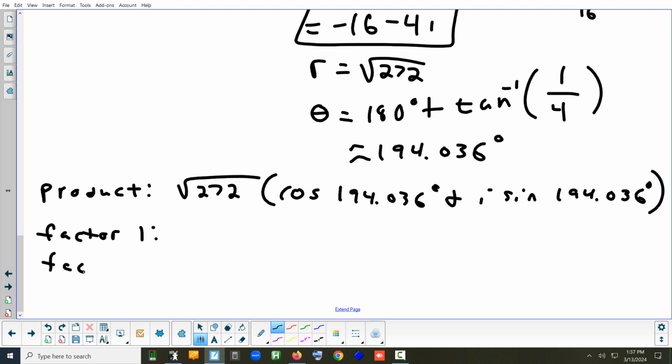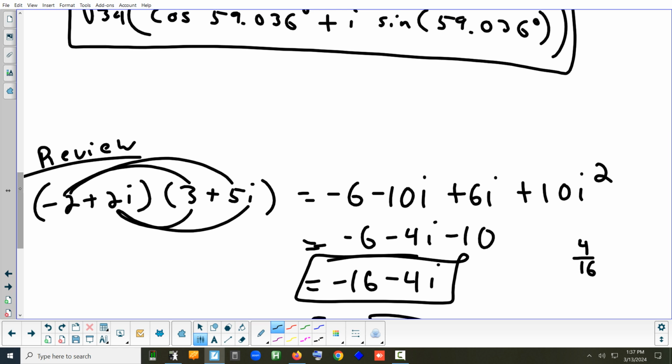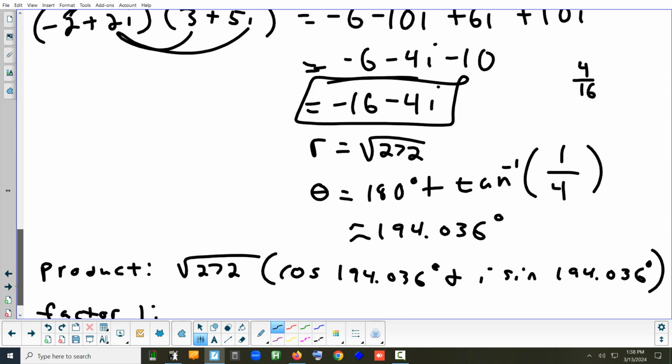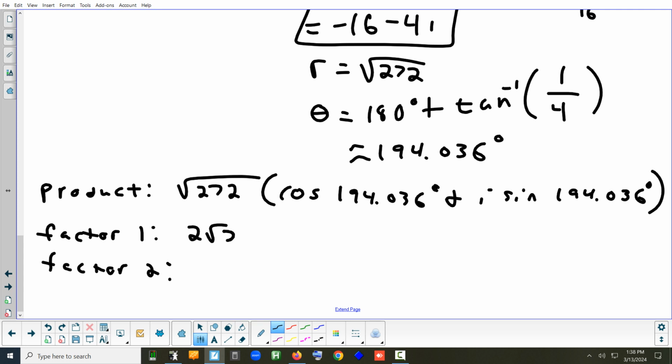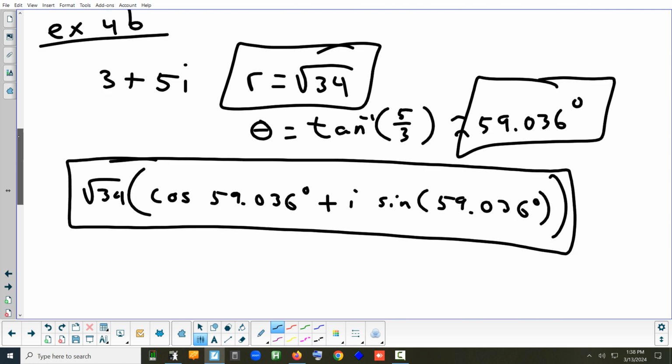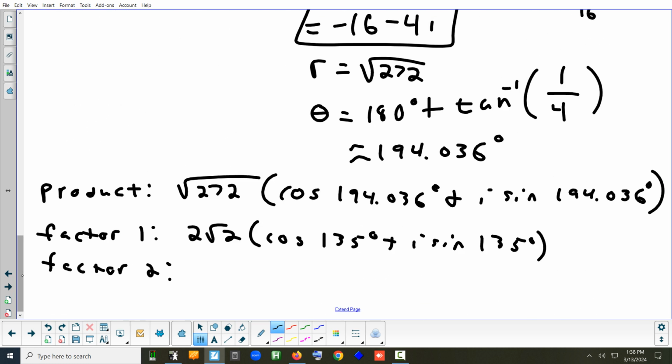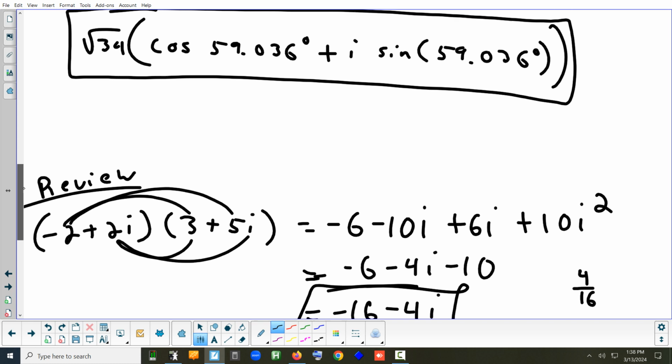Factor 1, factor 2. Those are what the factors were when they were written in rectangular form. I want to write them down in trig form. 2 root 2 cosine 135. And the other one is square root 34, 59.036. What did I say? 34.